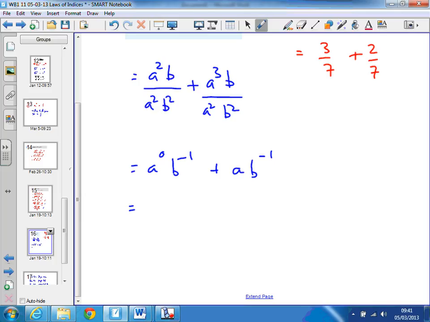So minus 1 means the inverse. A to the 0 is 1, so this becomes 1 over b plus a over b. Now it is worth thinking about writing it like this as opposed to using these powers.